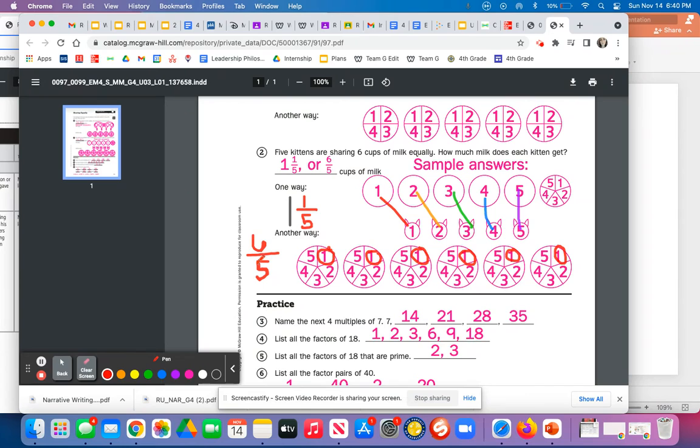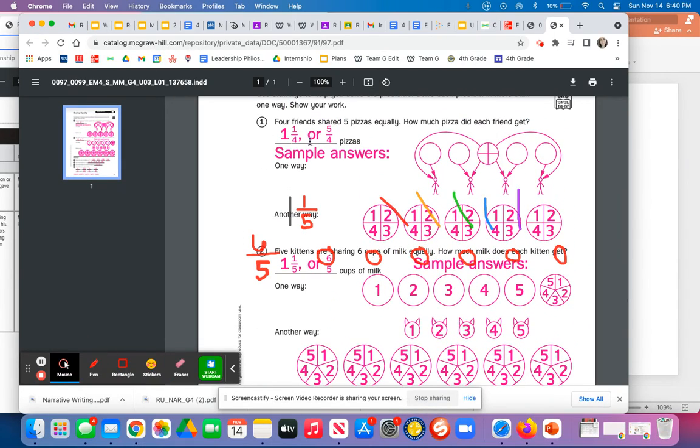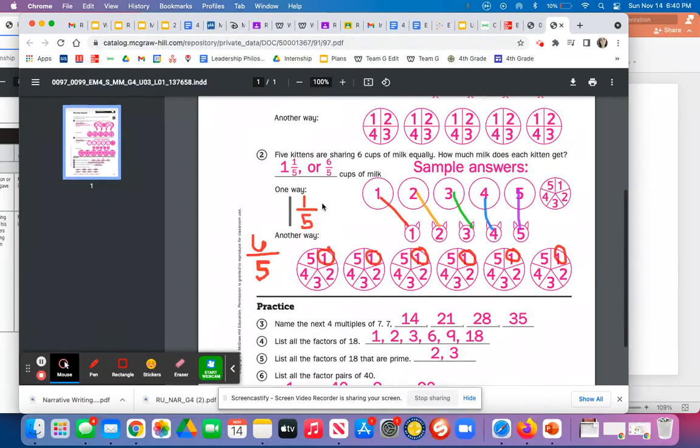We always put the number that each whole is broken into. So the first one, the whole was broken into 4ths, so our denominator was 4. And for this one, our wholes are broken into 5, so our denominators are all 5s. So you could have written it either as a mixed number, 1 and 1/5, or an improper fraction, 6/5.